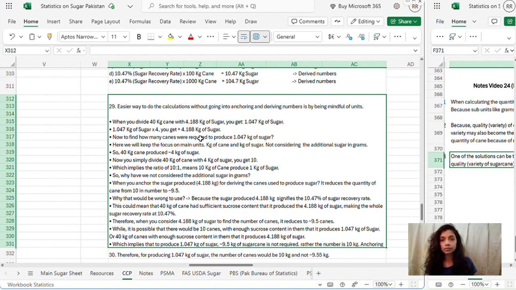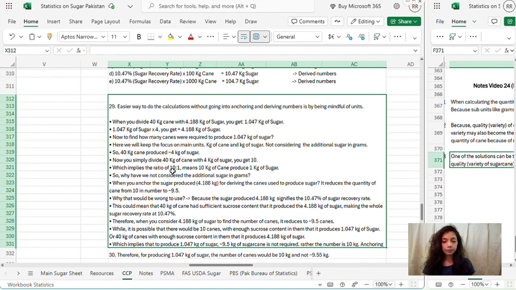It means the difference is in the quality of cane. Better quality cane is producing more sugar, and slightly normal, average quality cane is producing the exact 4 kg of sugar.